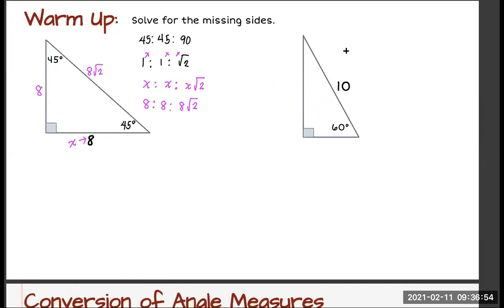Now let's look at the other one. The second one is a 30, 60, 90 triangle. So this angle here is 30 degrees.